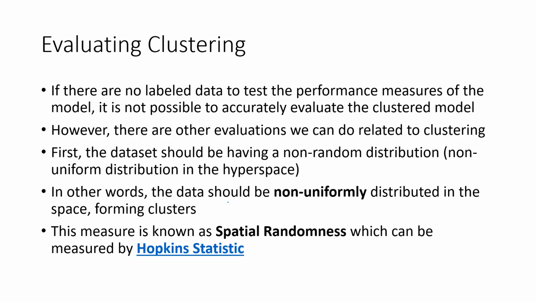As I mentioned about real space, where galaxies and stars are concentrated in the matter of the universe, in the multidimensional vector space also you should be able to see concentrated data points in certain locations. If the data points are uniformly distributed in the space, that means it is not clusterable. This is known as spatial randomness, and it can be measured by the Hopkins statistic.